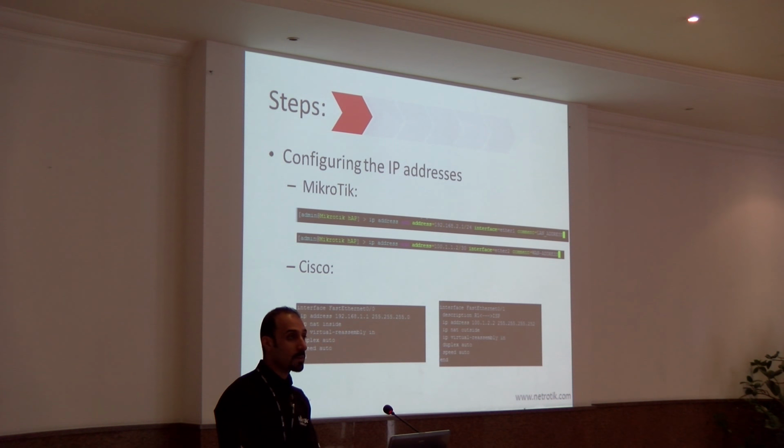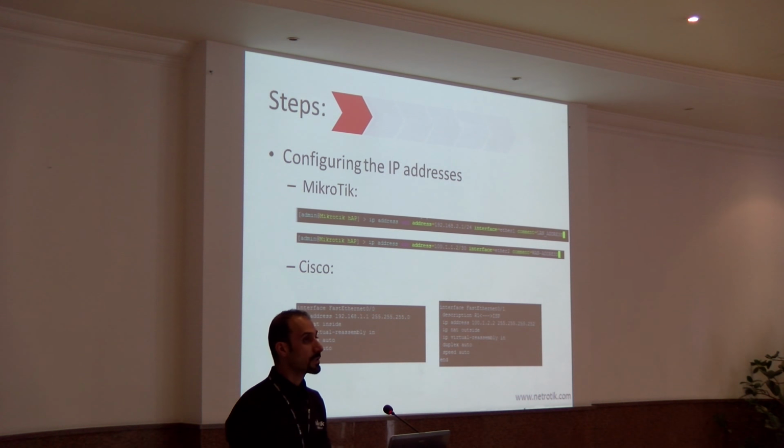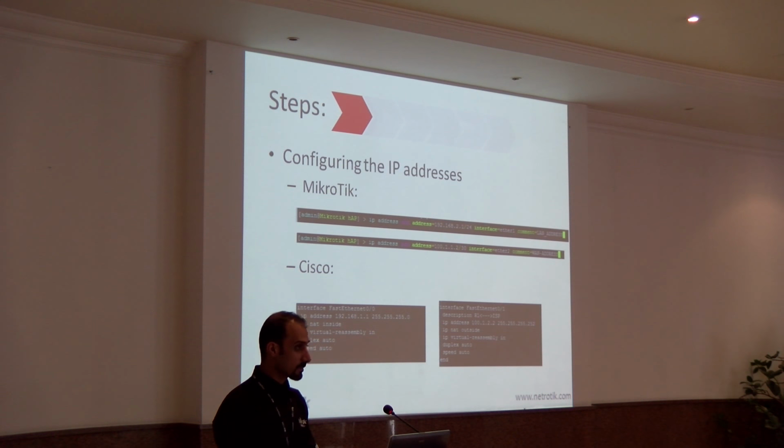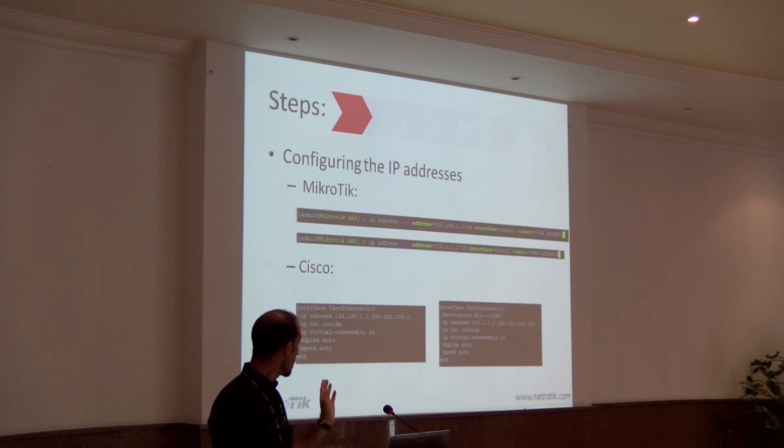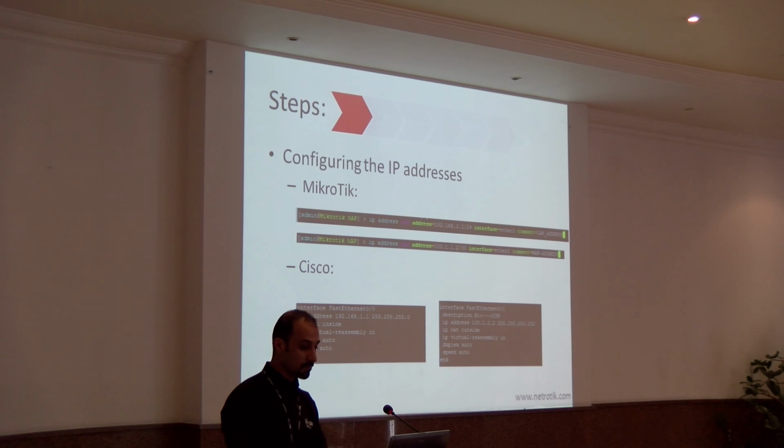In the Cisco router, you need to go to configuration terminal mode, and then go under the interface that you need to set the IP address for, for your LAN and WAN address, as you can see on both sides of the slide.